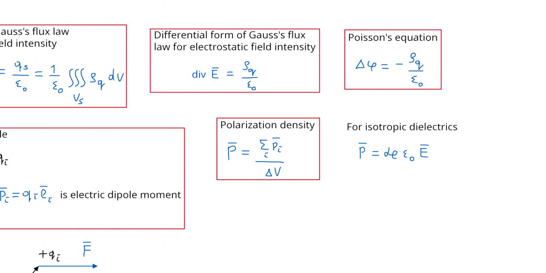We have already learned this, and kappa is electric susceptibility.